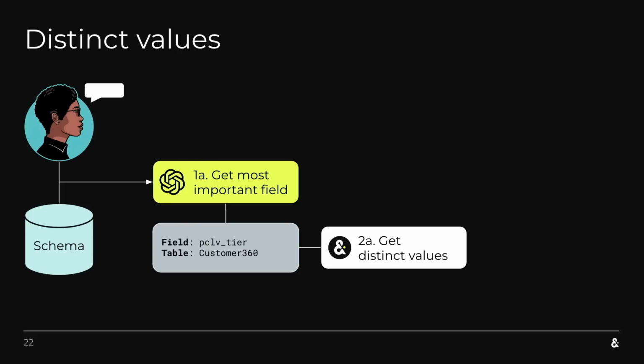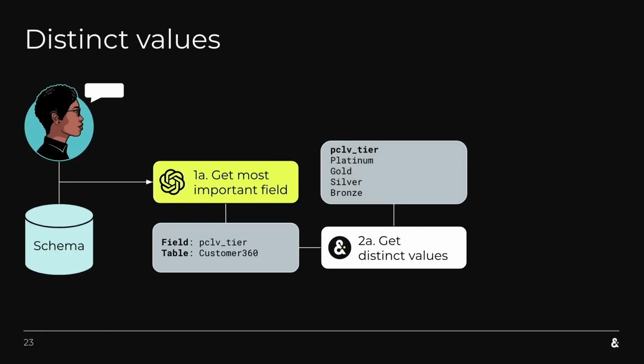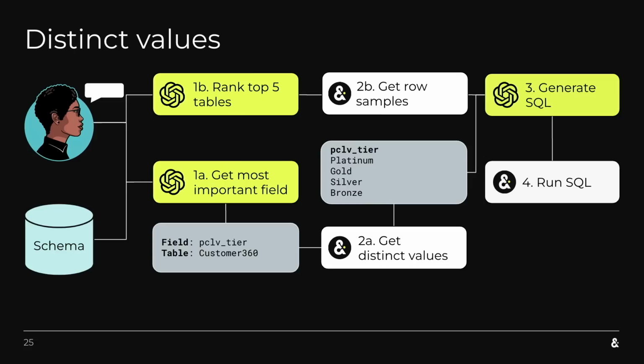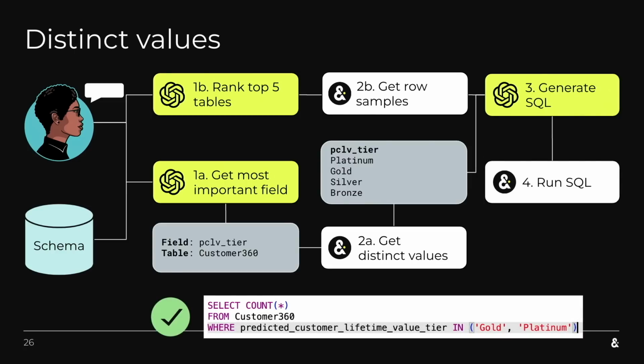Then we pass that to Amperity's internal query engine, which gets the distinct values for that field and samples them, and then passes that, along with our previous research step, into the generate and run SQL steps. Now that we have both platinum and gold as part of the distinct values that are passed to the final generate and run SQL steps, we have the final answer, which is that predicted customer lifetime value tier should be in gold or platinum. And this is the right answer.